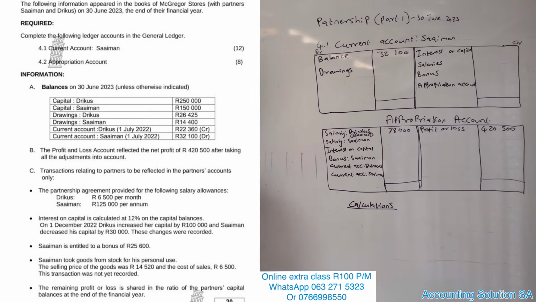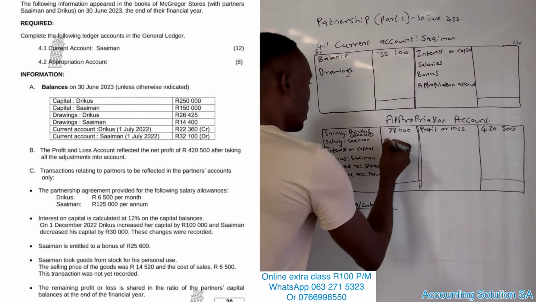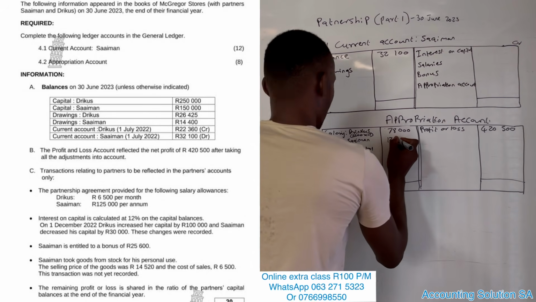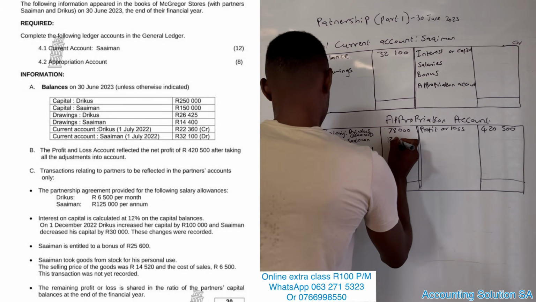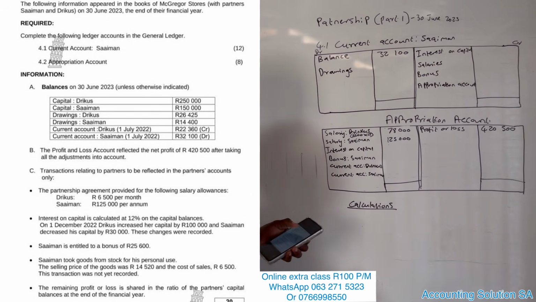So for Drinkers it is 78,000. Then for Simon, they say that Simon is going to earn 125,000 per annum, which means it is already on a yearly basis. It's going to be 125,000.